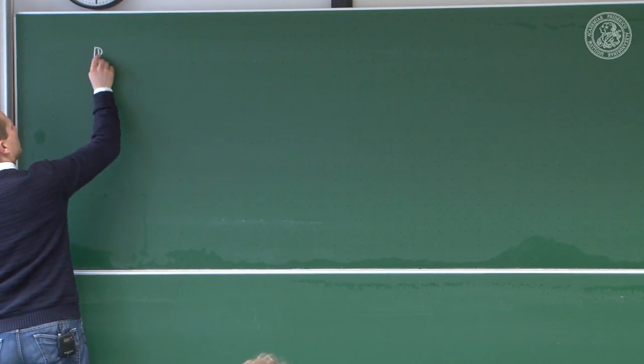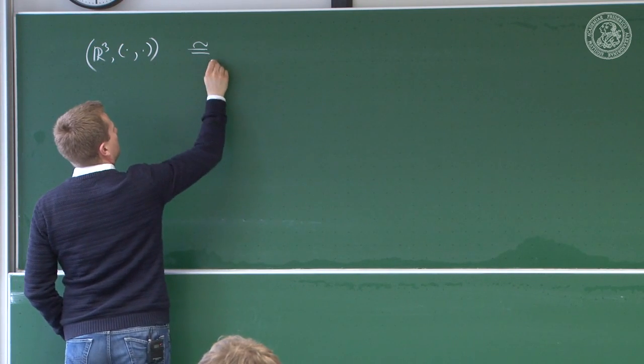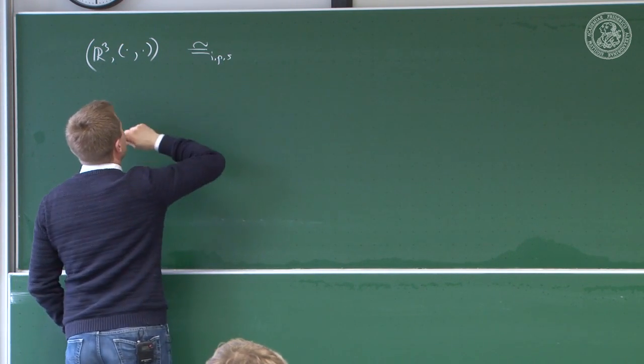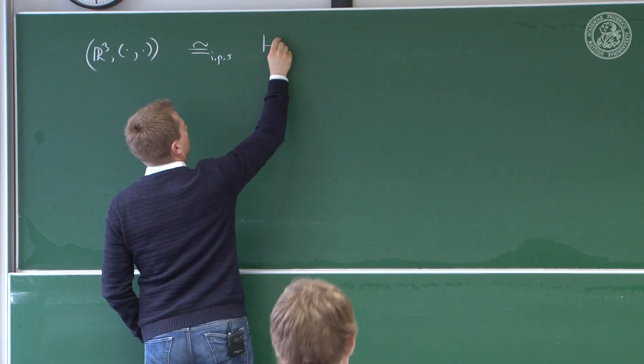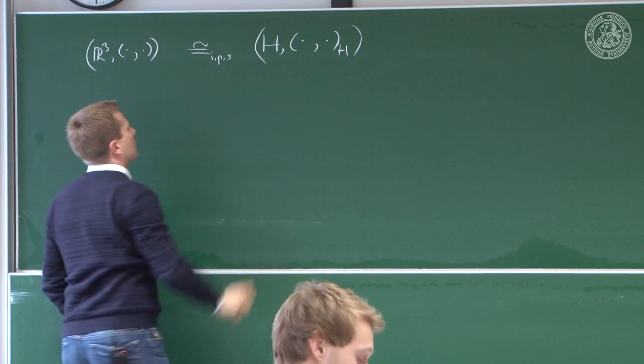So again, we had the R3 with the standard inner product, and we saw that as inner product spaces, they're isomorphic. This one is isomorphic to H with the just defined inner product.